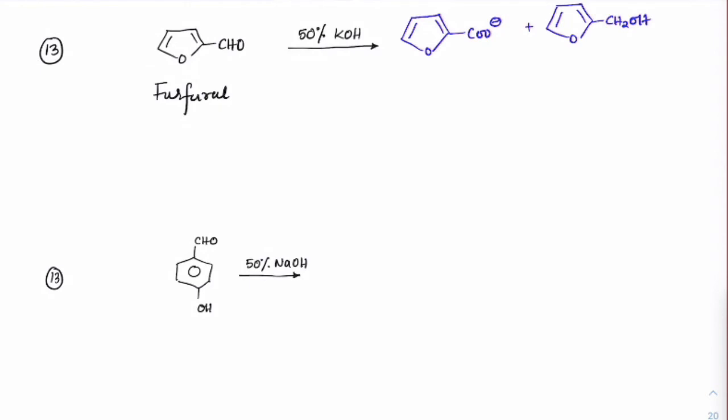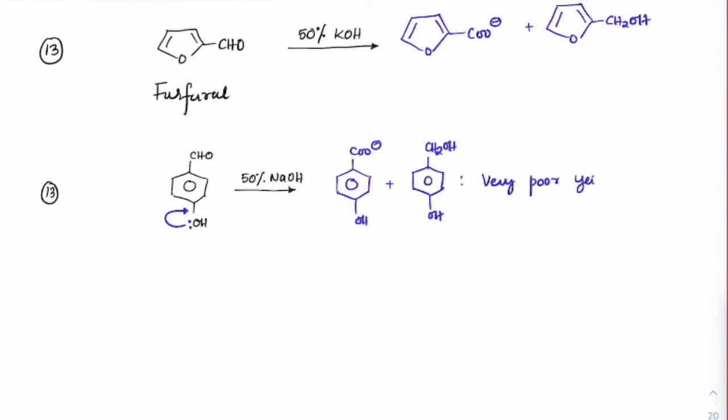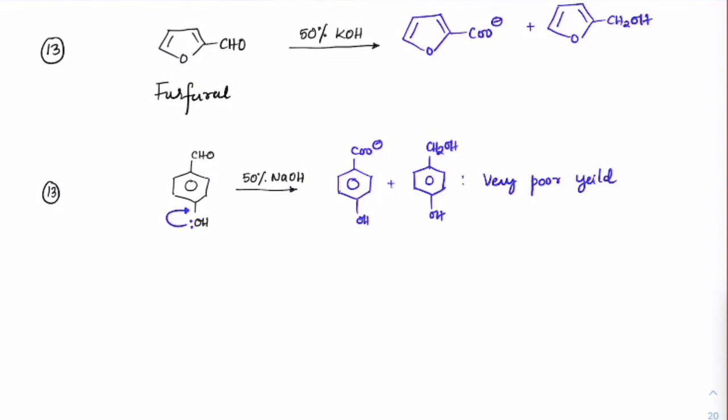See, in case of phenolic groups, or you can have hydroxide OH groups, they are very strongly donating, right? Because they are strongly donating, the product formation would be very slow and the yield is very poor. This yield which we will get, CH2OH, OH, very poor yield. So when you have very strong donating groups, which are the cases where we will consider as if the reaction is not happening only?